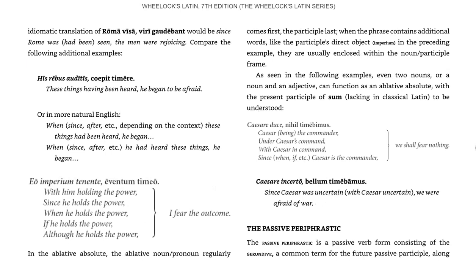So let's move on to, okay, so the book is really good with giving us lots of different examples. So notice that this one also, audio, audire, and then, so this is our participle. But notice that it has a second declension ablative plural ending. So does the demonstrative pronoun. So here's our ablative absolute, his rebus auditis.